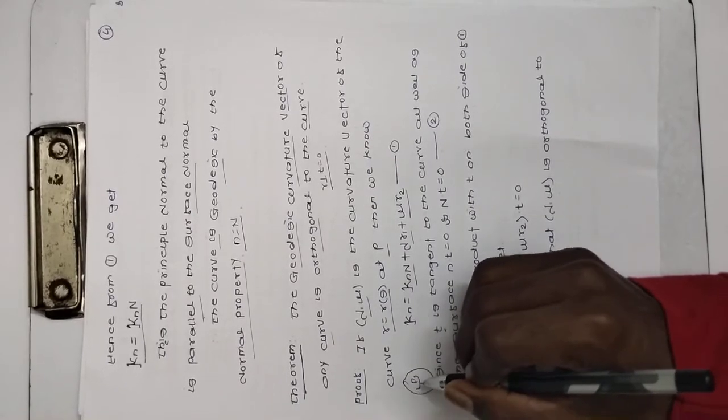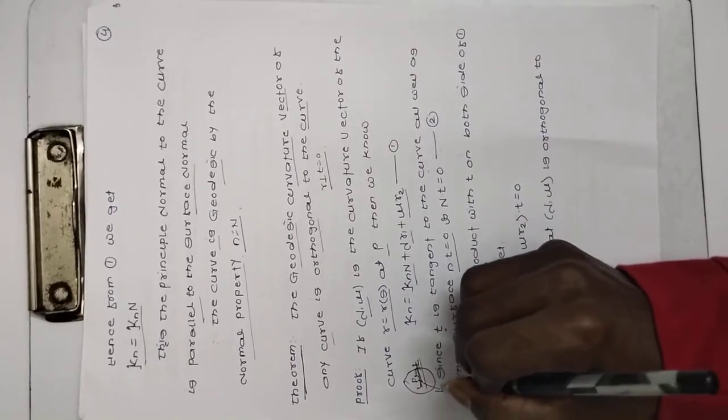Since t is a tangent vector, suppose I draw the surface and a curve passing through point P, and this is the tangent vector t on that curve as well as the surface. The dot product with t is equal to 0: this is the tangent vector t and this is r1.